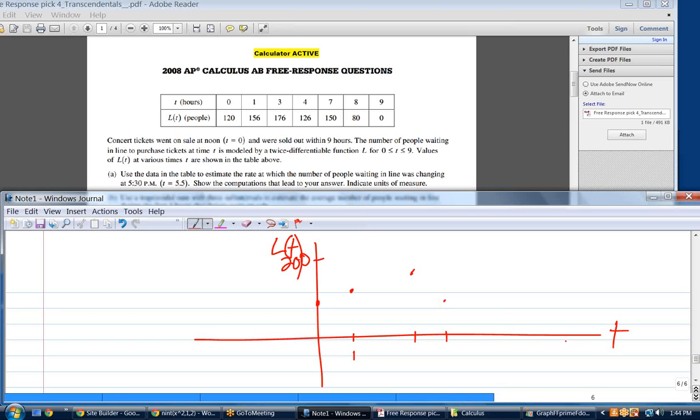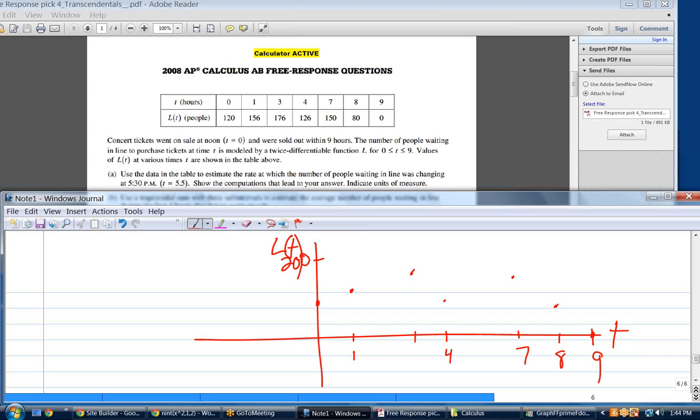At, let's see, we're going to 9. And this is 4. So 7 is 150. 8 is 80. And 9 is back to 0. So, we don't have a continuous function. We have a collection of points.